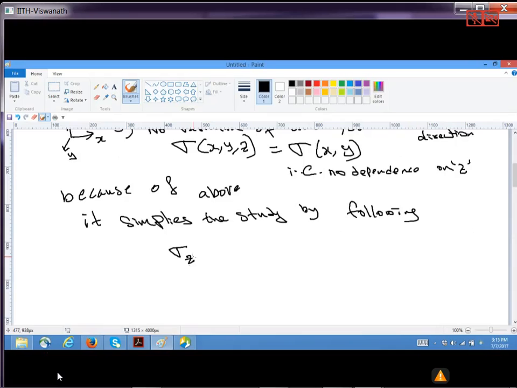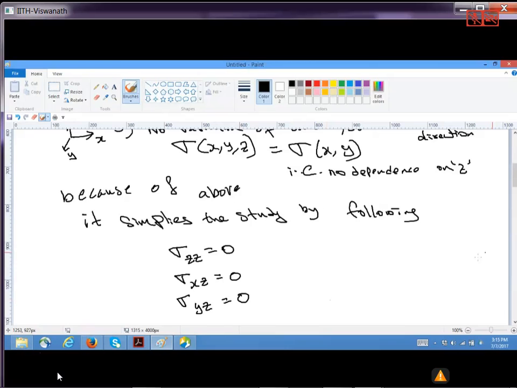Sigma zz is equal to 0. Next, sigma xz is equal to 0. And sigma yz is equal to 0. So these are the three things that are 0.